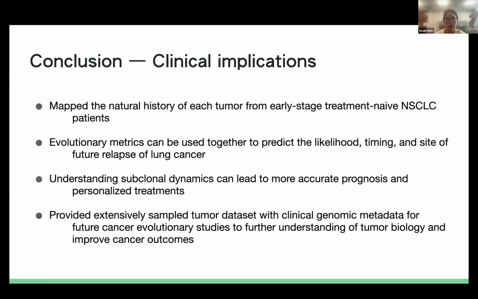Understanding the subclonal dynamics can lead to more accurate prognosis, and maybe we can apply that to personalized treatments. Another great aspect of this study is that it provided an extensively sampled tumor data set with clinical and genomic metadata for future studies. So we can understand this tumor better and maybe improve cancer outcomes.